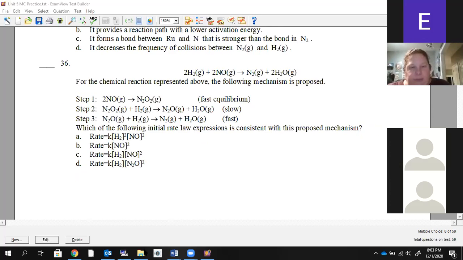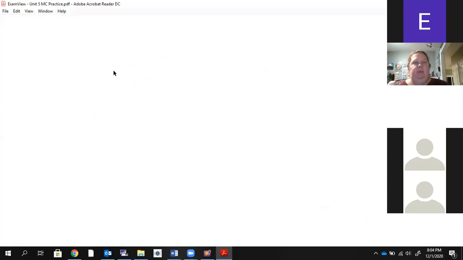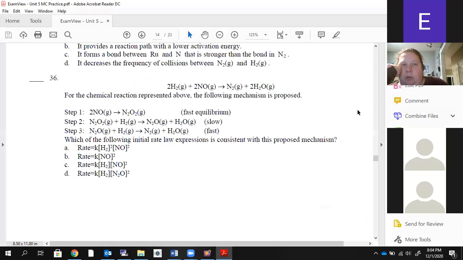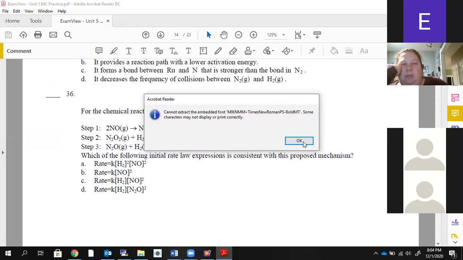So I'm going to start with 36. Actually, I'm going to open this on PDF so I can write on it. So on 36, they're asking us what the rate law should be based on that mechanism.